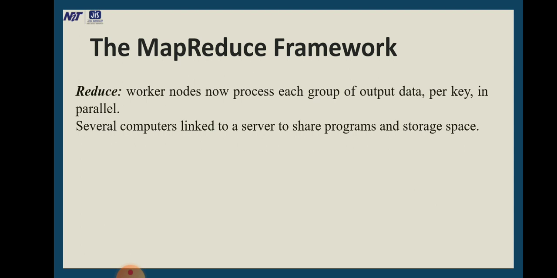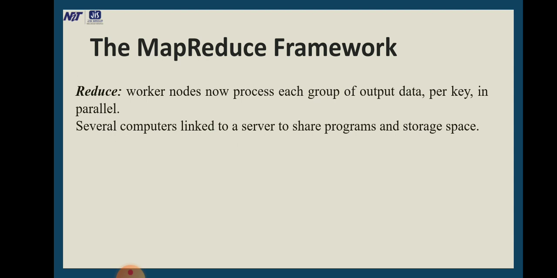Second step is run the user provided map code. Map is run exactly once for each K1 key, generating output organized by key K2.